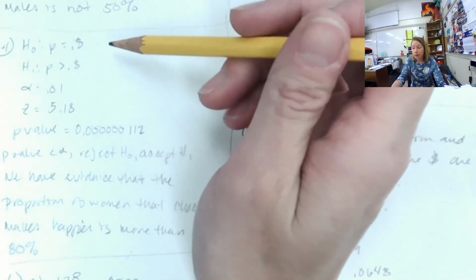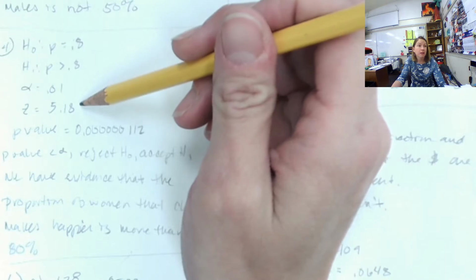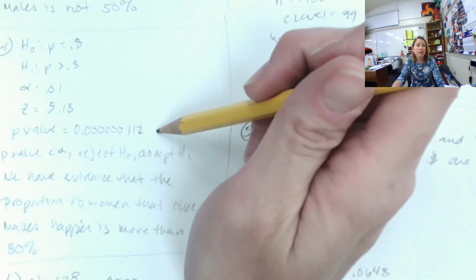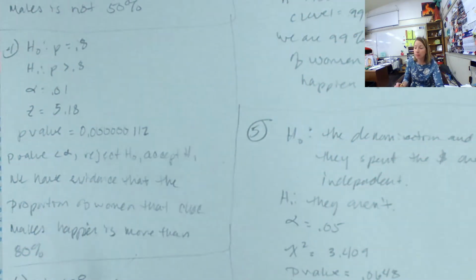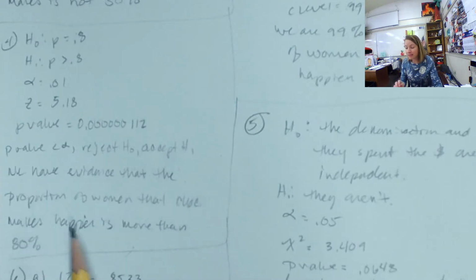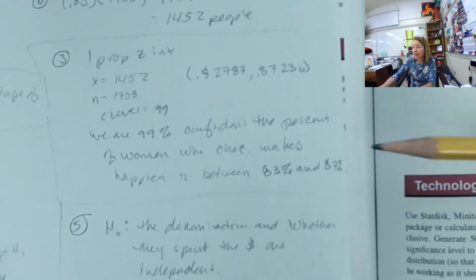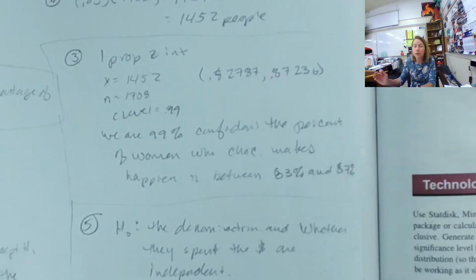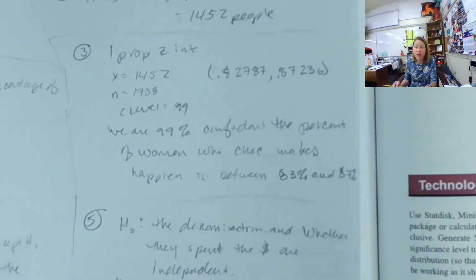My alpha is 0.05. My Z-score is 5.18 with a super tiny p-value, so I can reject my null, accept my alternative. We have evidence that the proportion of women that chocolate makes happier is more than 80%, which makes sense because if we look up at our confidence interval, it's between 83 and 87, so it does make sense that it would be higher than 80%.